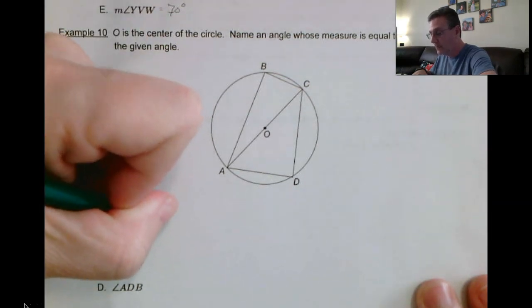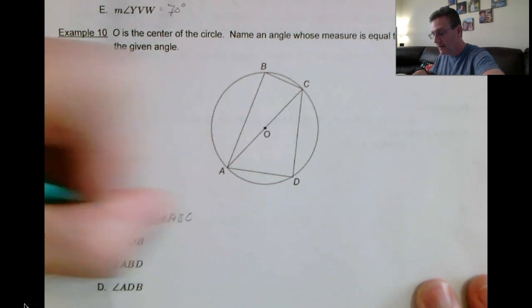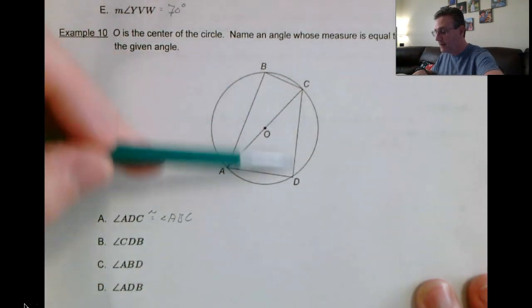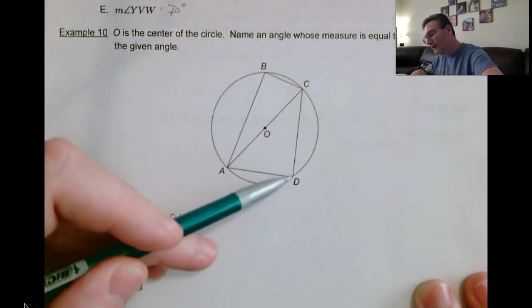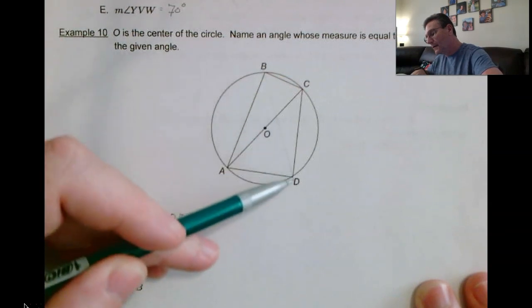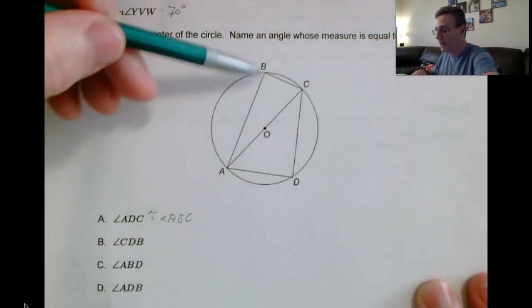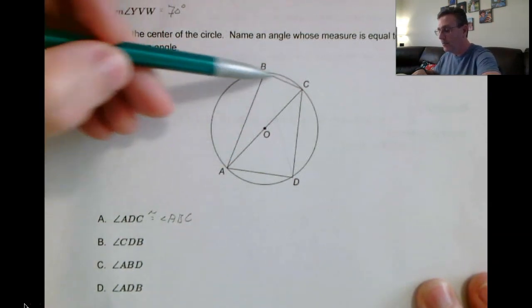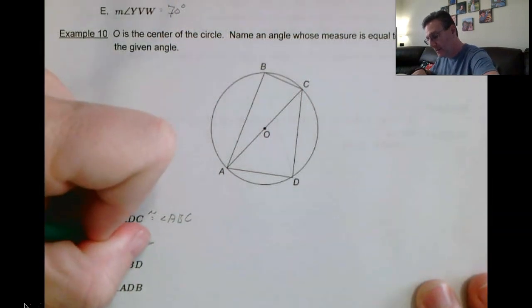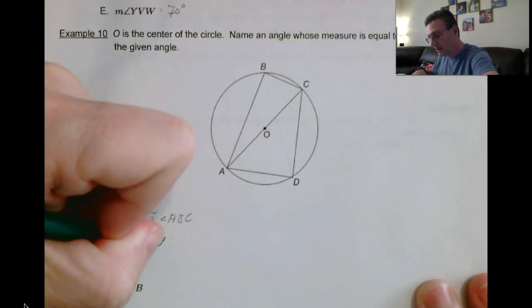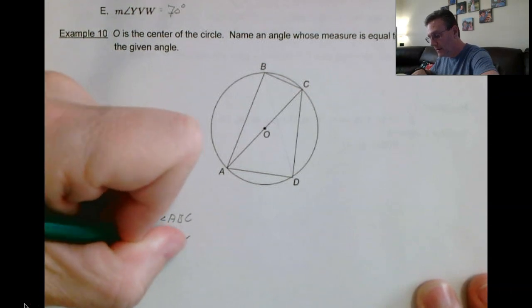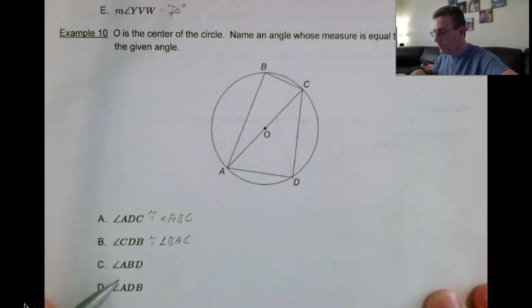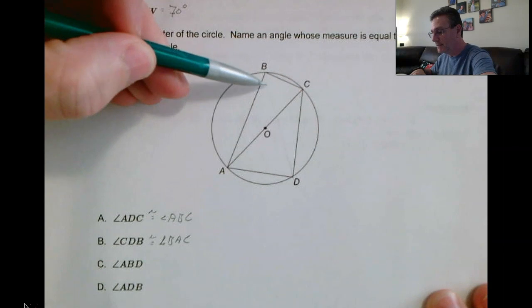Angle CDB, it's not drawn in here. CDB is the same as angle BAC or CAB. They both intercept arc BC. So congruent to angle BAC. Angle ABD is this one here.